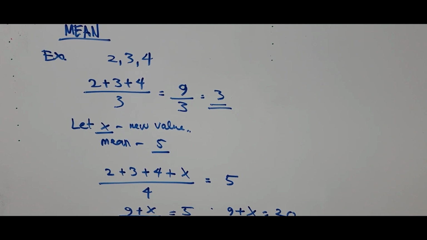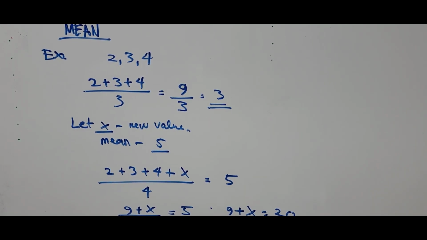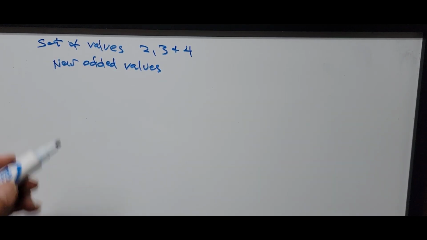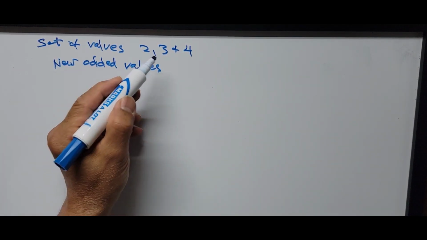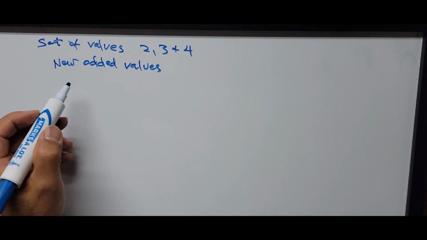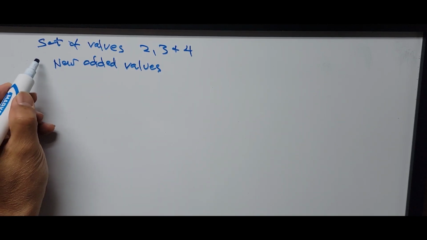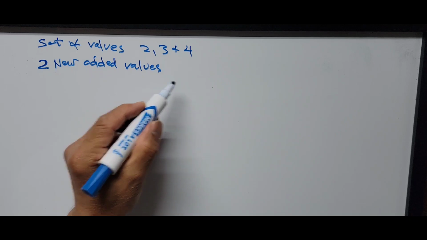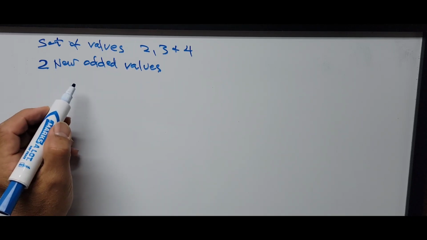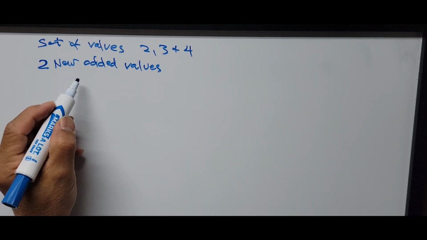With those two values added, the mean will be the same, 5. That's the condition. Two new values are added, and one of the values is 4 more than the other. Let's solve that problem. The original values are 2, 3, and 4, and there are 2 new added values, where one of the values is 4 more than the other.